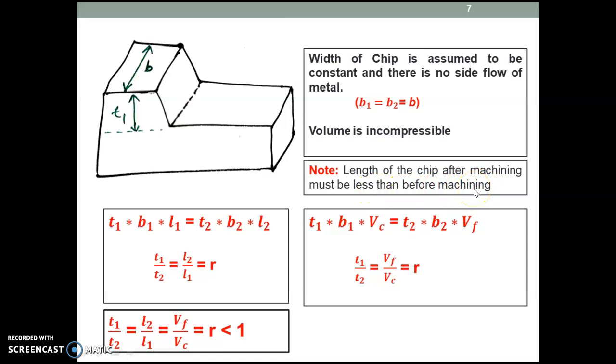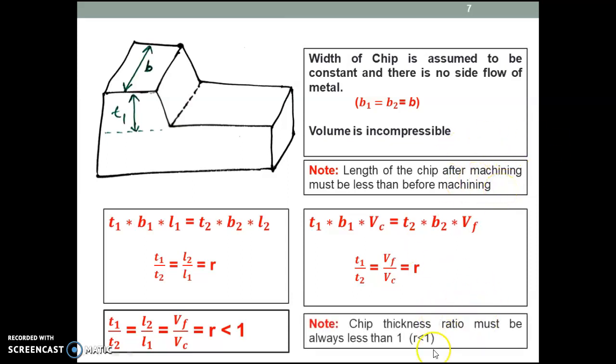If we compare the length of the chip produced with the uncut chip length, you will get a smaller chip length. In the same way, the chip thickness is always greater than the uncut chip thickness, or T2 is always greater than T1. Therefore, the ratio is always less than 1.